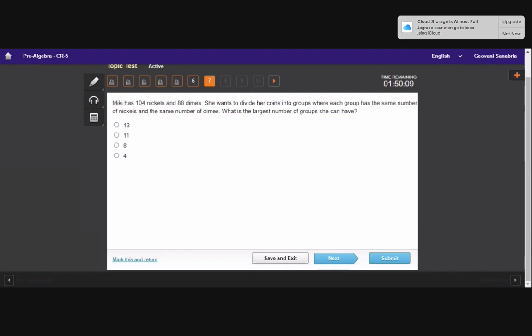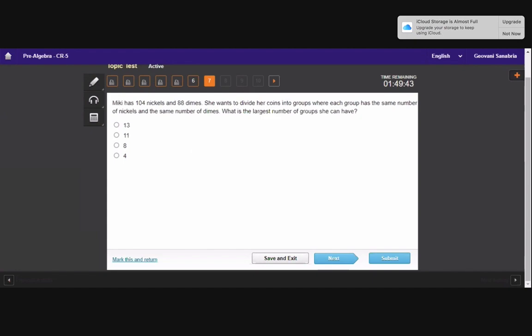Right, she wants to divide her coins into groups where each group has the same number of nickels and same number of dimes. What is the largest number of groups she can have? Oh, this is weird. So it's 11. Yeah, how did you get that? I just divided both. Right when you said that, that's going to be the largest group because she can't have 13 of both, right?